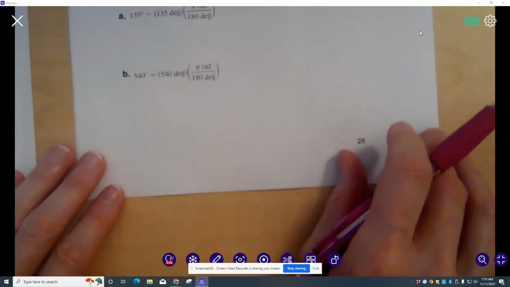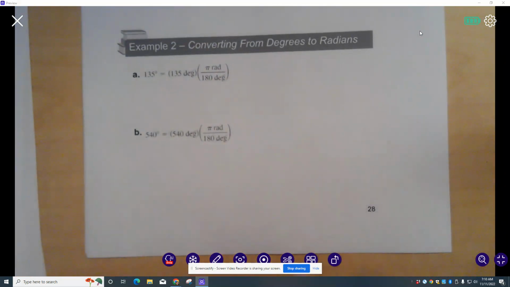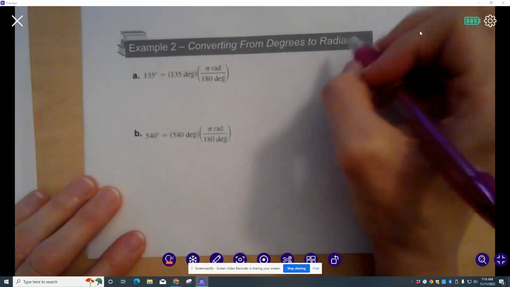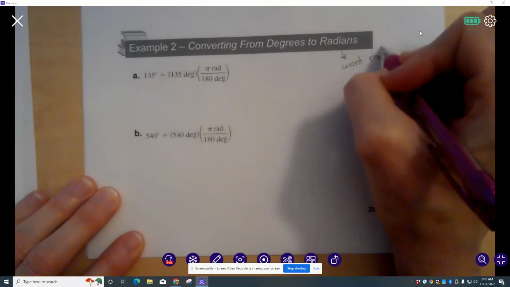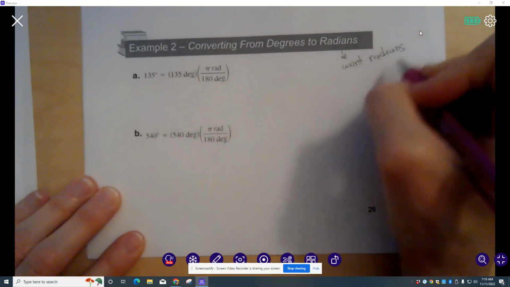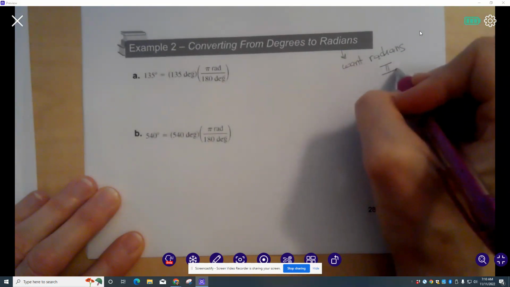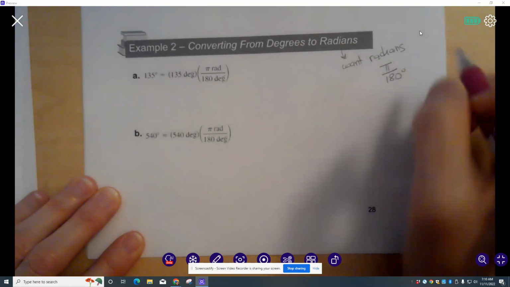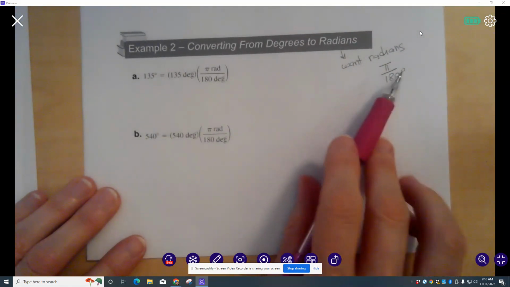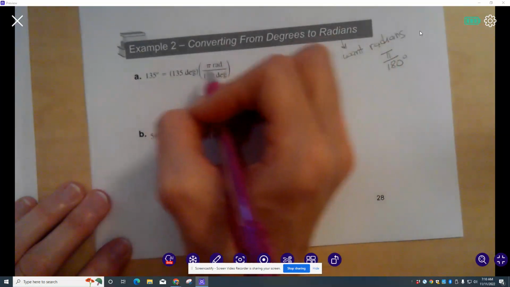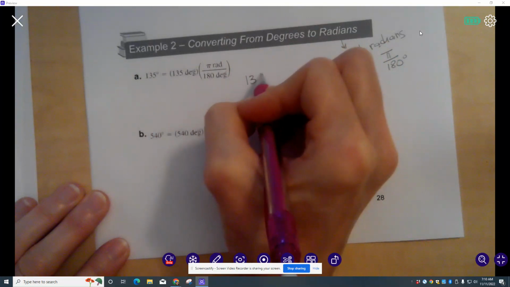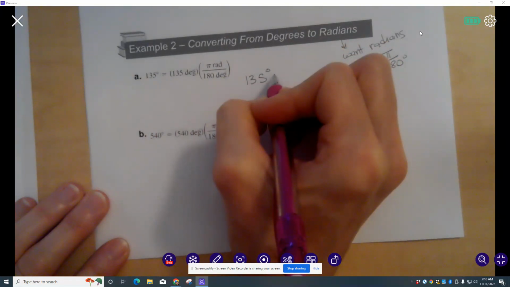All right, let's look at Example 2 here. It says converting from degrees to radians. So I want radians. I'm going to multiply by the ratio with the pi on the top. Think of the pi as your radians. So I'm starting with 135 degrees.